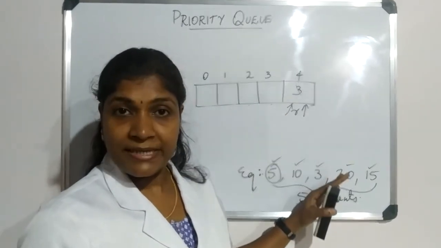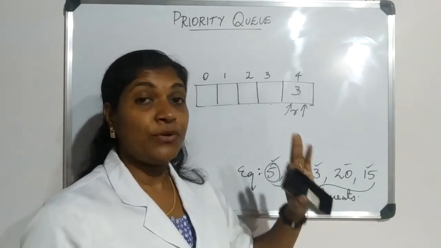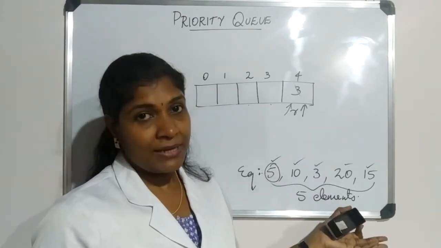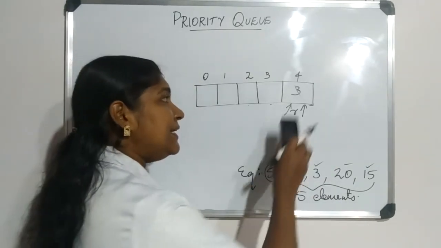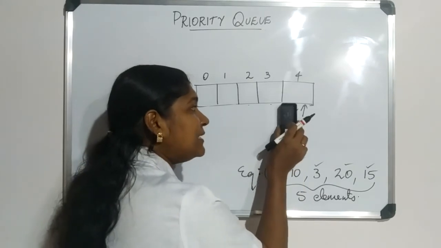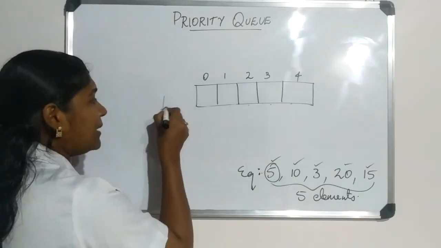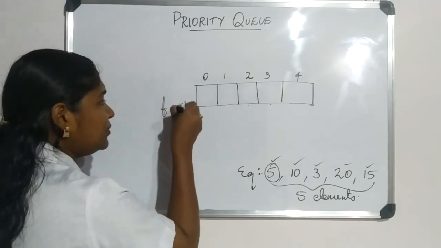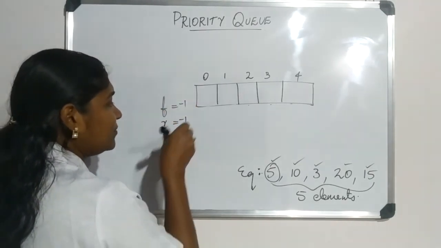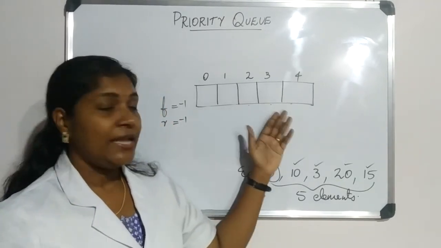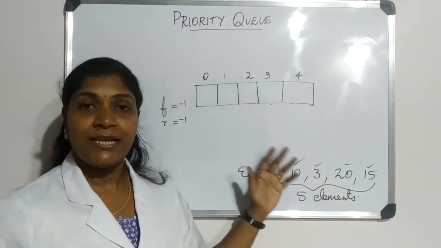It would become empty. And what is the condition for an empty queue? Front is equal to -1 and rear is equal to -1, right? So on deleting the last element, we must reset the values of front and rear to -1. F is equal to -1 and R is equal to -1. So I hope the concept of NQ and DQ operations in a queue is clear.